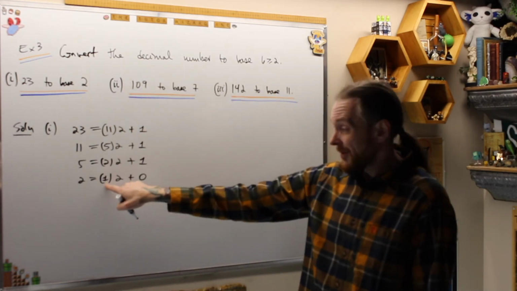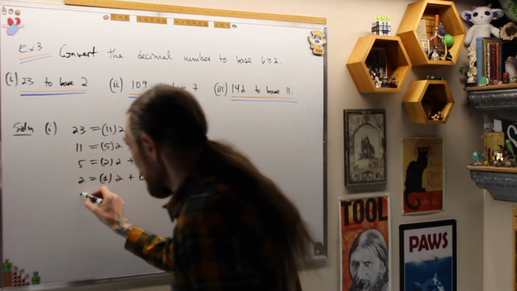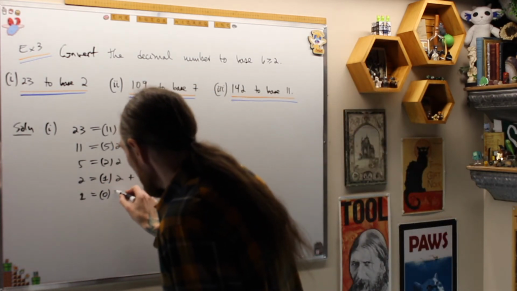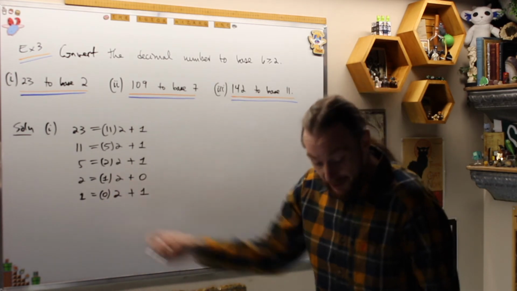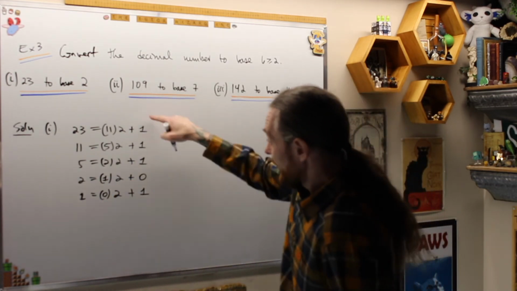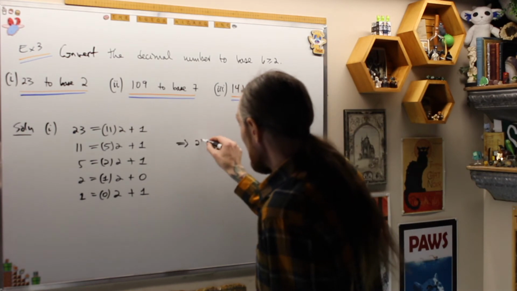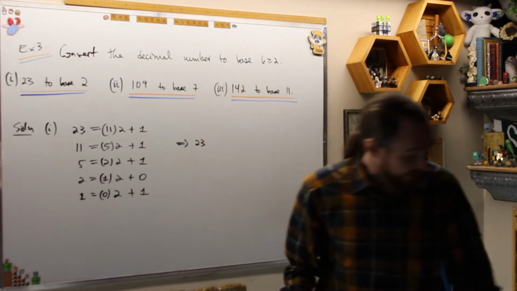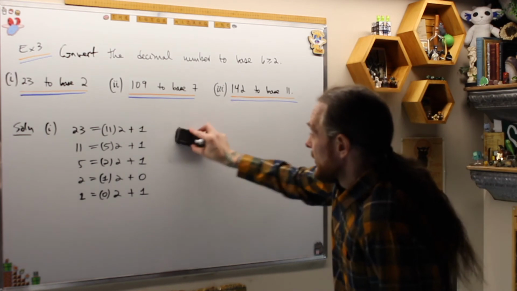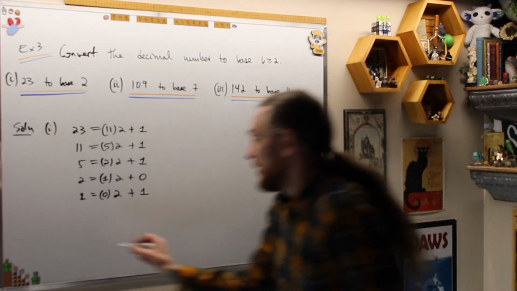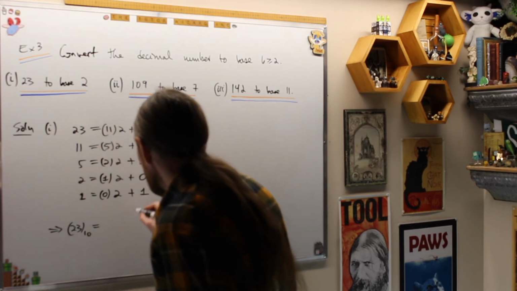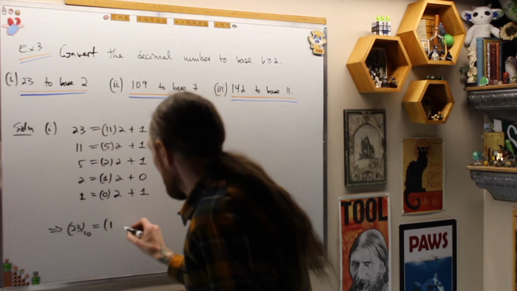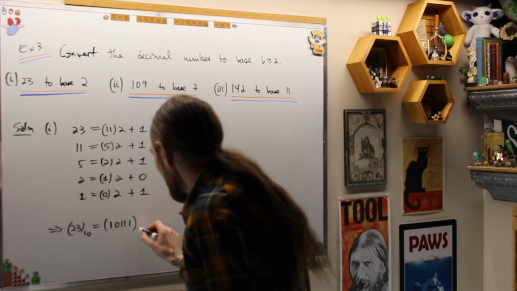And then this is finally where I can stop, because 1 is no groups of 2 plus 1. Once I get a 0 quotient, I know I can stop. And this tells me that the number, reading in reverse up this way, is going to be 23. This says that 23 base 10 is equal to 10111 base 2.